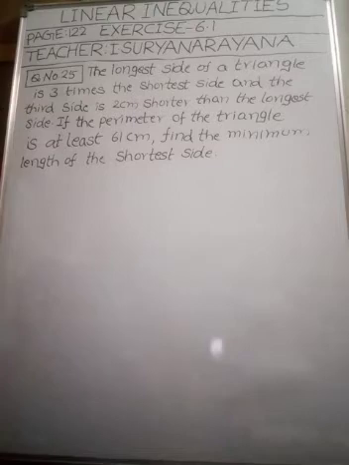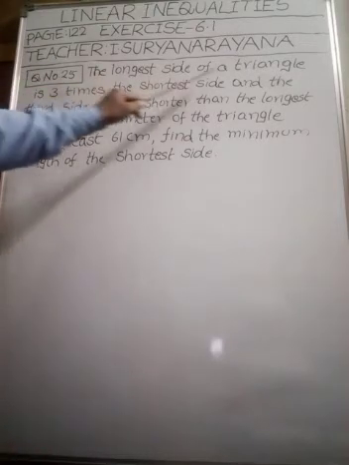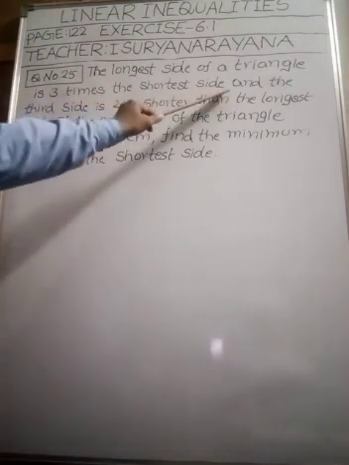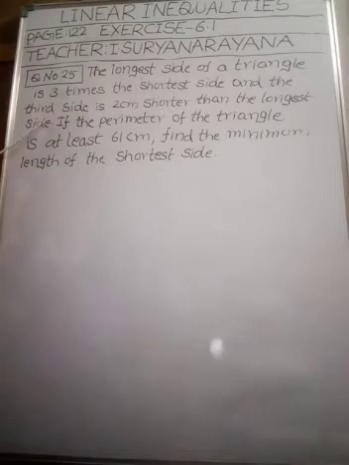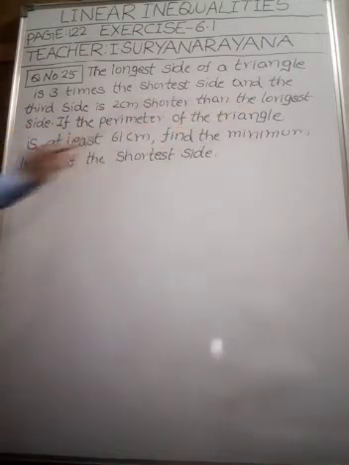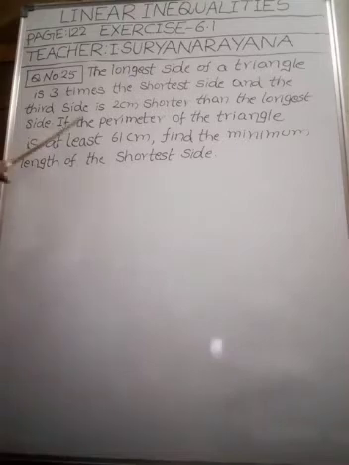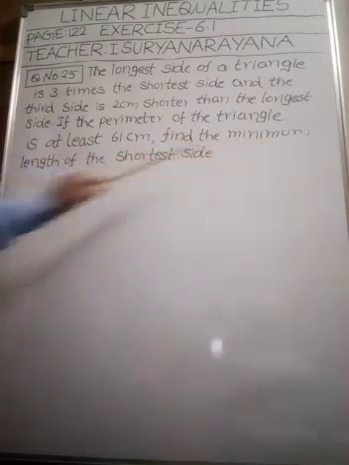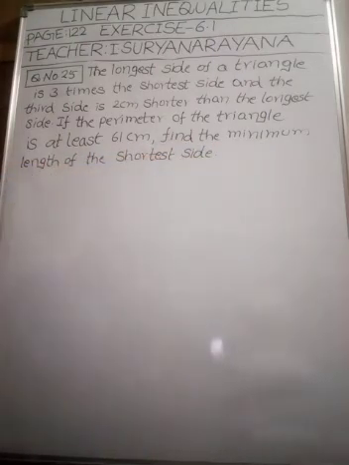Question number 24. Now question number 25. The longest side of a triangle is 3 times the shortest side, and the third side is 2 centimeters shorter than the longest side. Understood this step, my children? Understood this one? Right. If the perimeter of the triangle is at least 61 centimeters, find the minimum length of the shortest side.